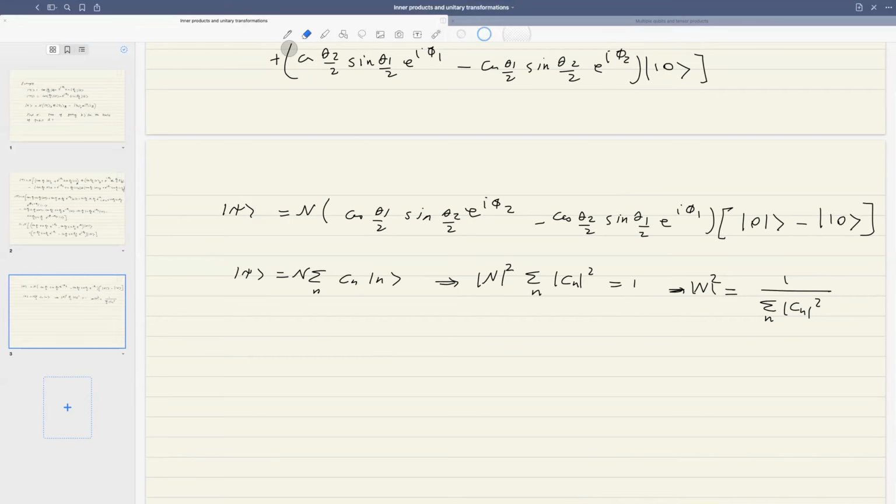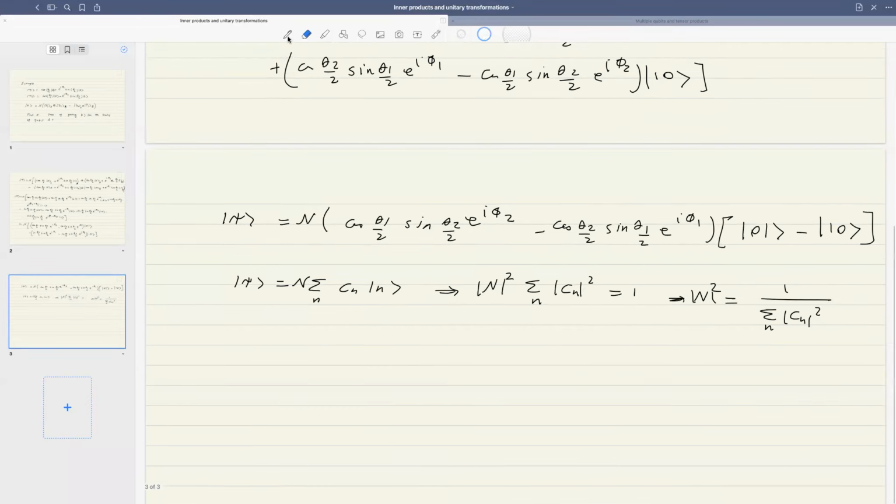So the easiest way to proceed now is to just say, well, if my n has something that just cancels out all of that, then I'm left with state 1, 0 minus 0, 1. And then I have two coefficients that are 1.